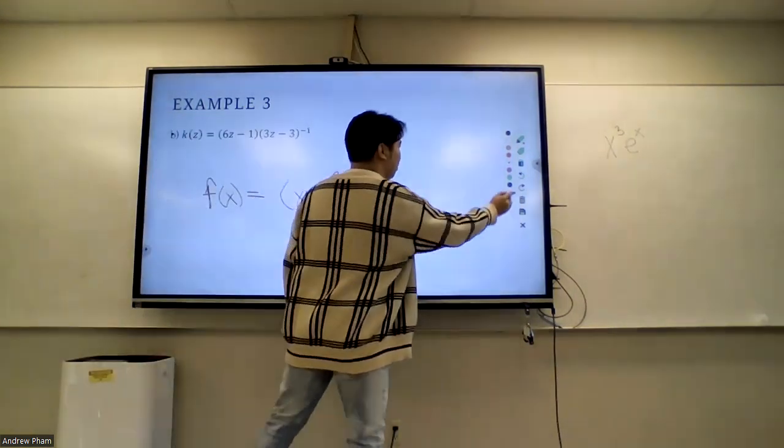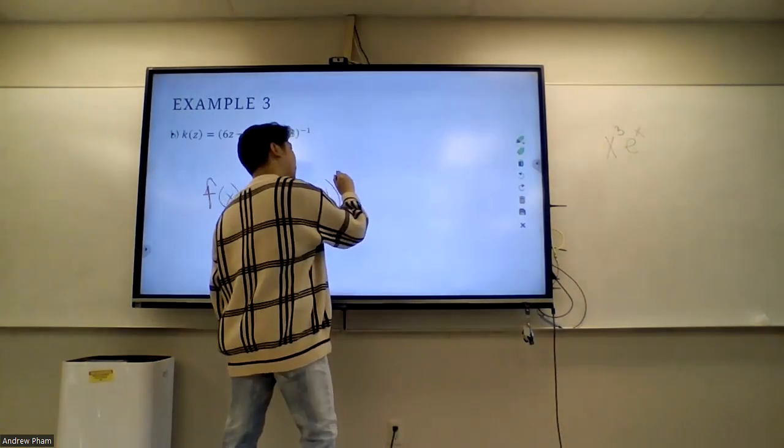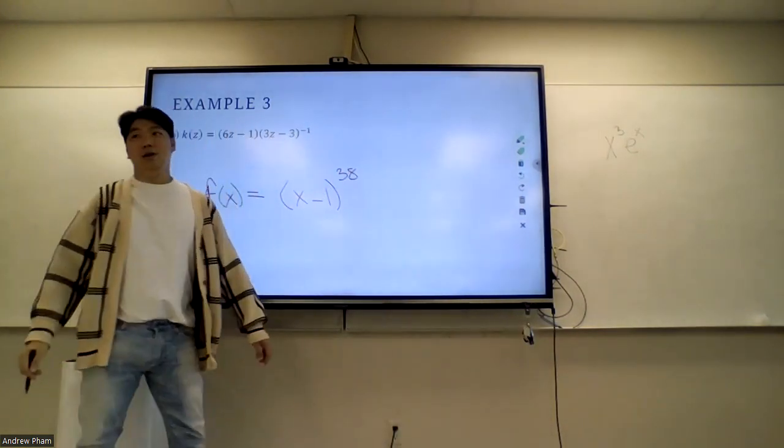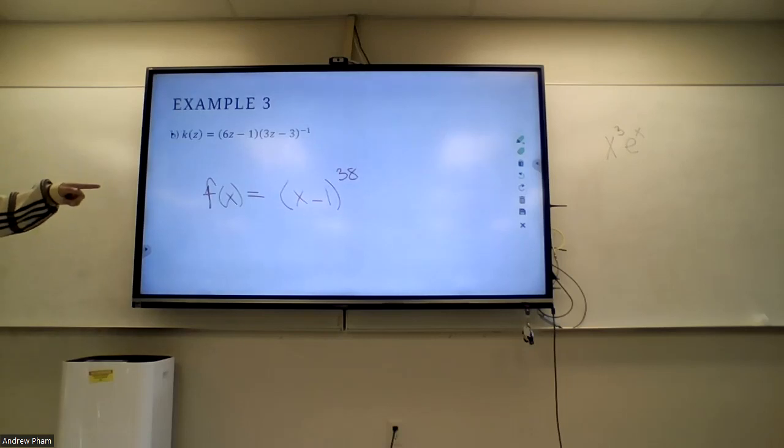But what if I had something that's squared, to the 38 power? Good news is that I'm clearly not going to be using product rule on that, since that would mean I have to use product rule 38 times.